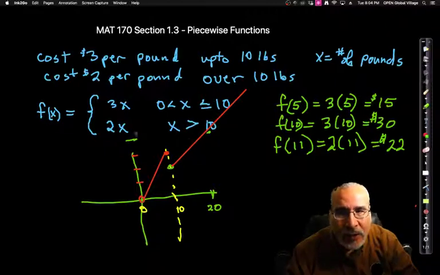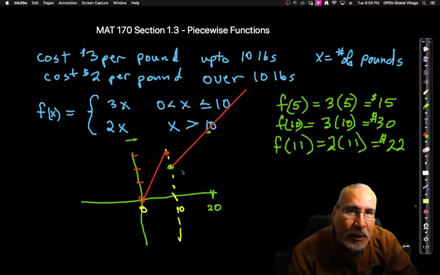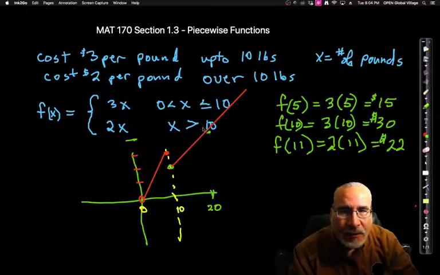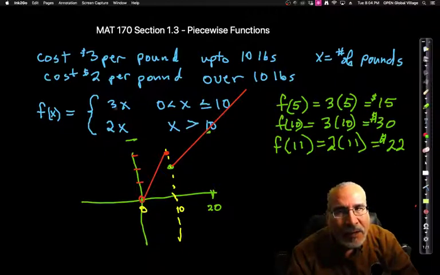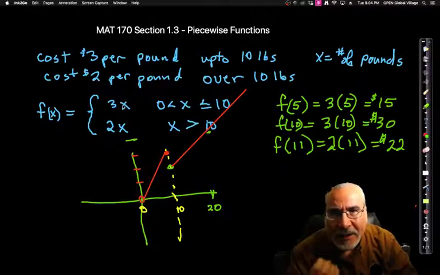I did use 10 in here, but notice I put an open circle saying that the particular point of x equals 10 is not included, right? Whenever I use 10, it is in the domain of just the first part.